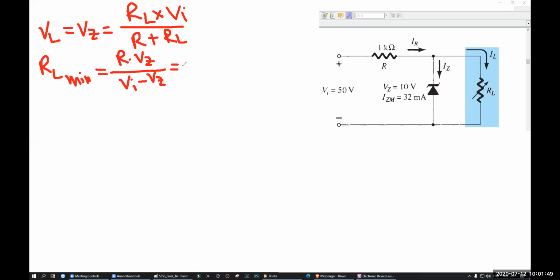So according to this formula, if we put the value here, what is R? R is 1 kilo ohm. What is VZ? VZ is 10 volt. What is VI? VI is 50 volt. What is VZ? VZ is 10 volt.